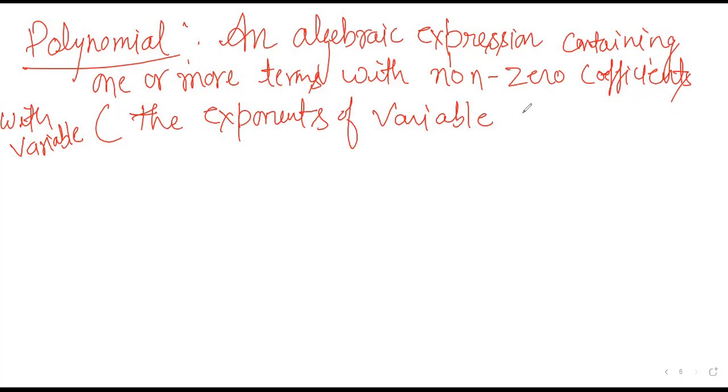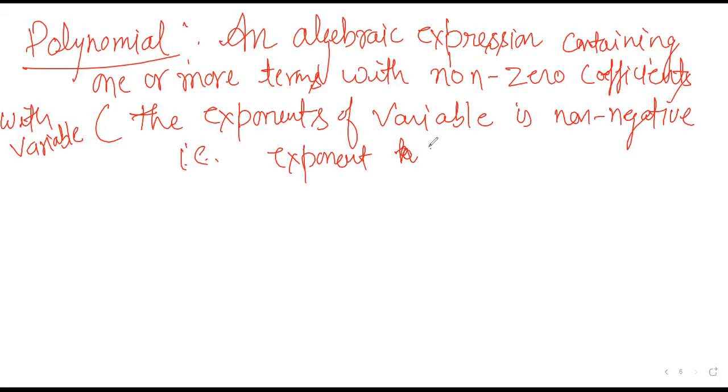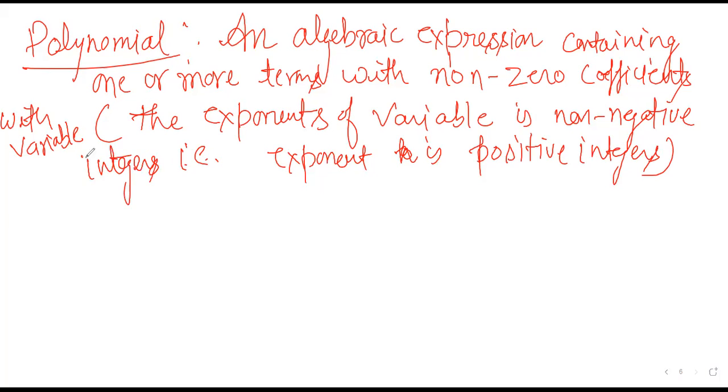The exponent of the variable is non-negative, that is, the exponents are positive integers only. This is the difference between a polynomial and an algebraic expression.